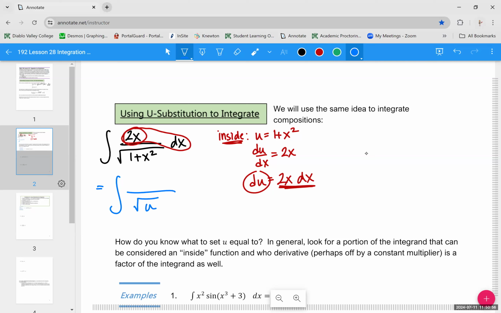I have the square root of u on the bottom, and that whole 2x dx is just a du, so maybe I'll write it like this. Okay. And now you're able to do the antiderivative of that because it's just u to the negative 1/2. You'll add 1 to the power. And then we'll make the substitution back. What is u equal to?